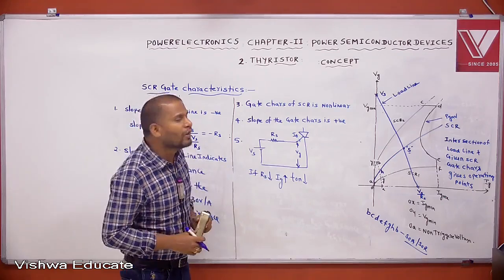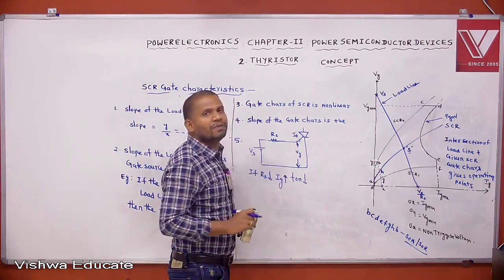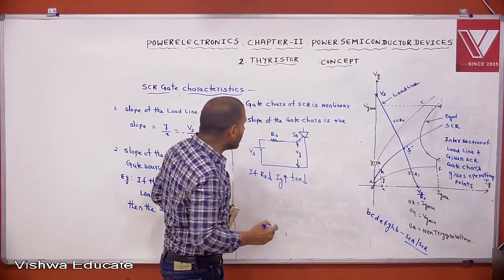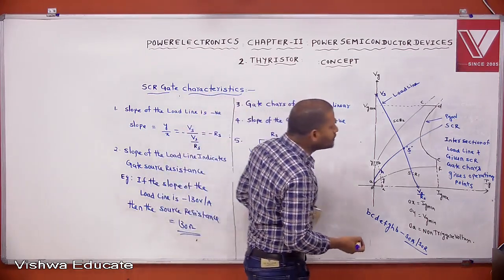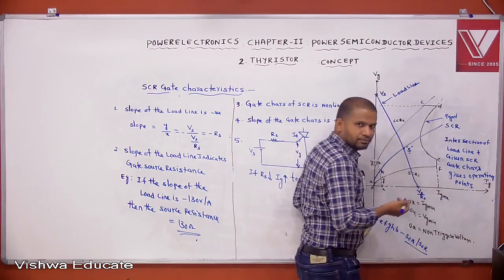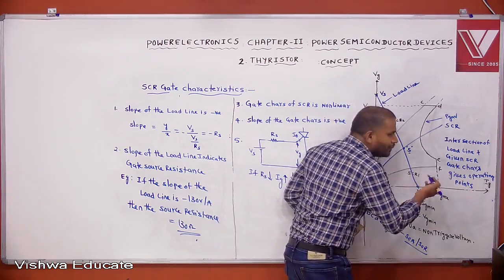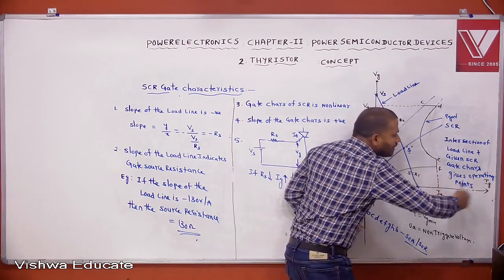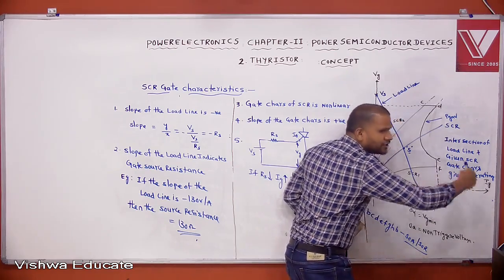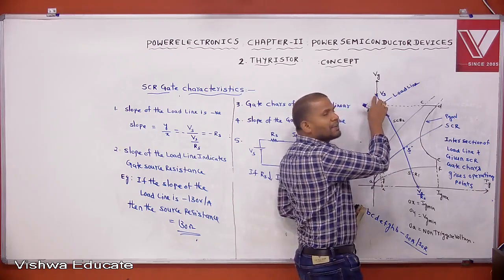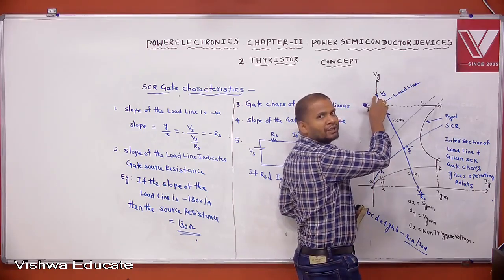How do we calculate it? This is calculated from the characteristics itself. Tell me, if RS reduces, what about IG? Increasing. IG increasing means the characteristics are shifted in the right direction. We are not changing the supply voltage, only the gate source resistance.